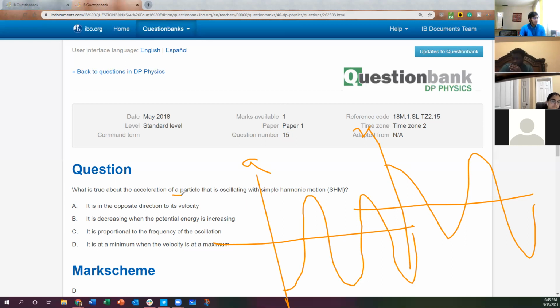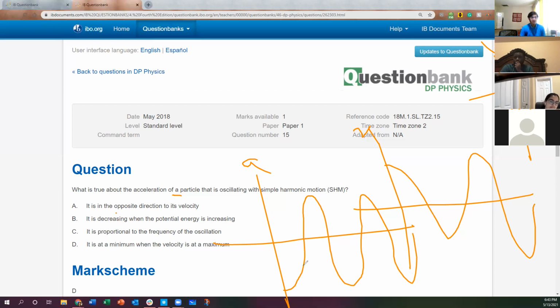So is acceleration always opposite in direction to velocity? Is that necessarily true? Just FYI, if I were to plot v, v would look like this. So is it always true that the acceleration is opposite to velocity? No, because as we can see, v is negative and acceleration is negative.